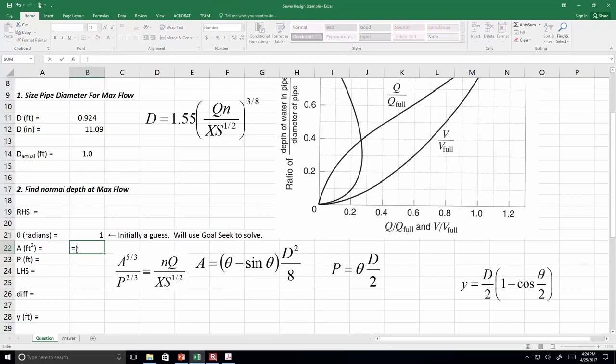All right, so angle minus the sine of the angle. And this is the one instance where we're actually kind of fortunate that Excel assumes angles are in radians, right? Normally we have to convert it to degrees, but this time we don't.